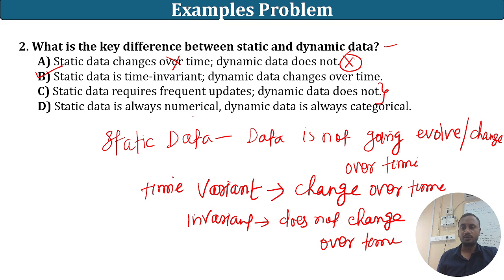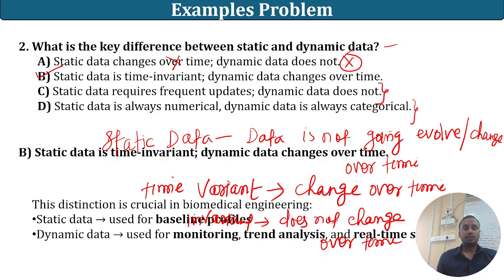That is not always true. Numerical data is always categorical? It can be of anything. Static data can be categorical, and dynamic data can be categorical too. So that statement is always false in terms of static and dynamic data. So the first option we have: static data is time invariant, and dynamic data is not going to change over time.